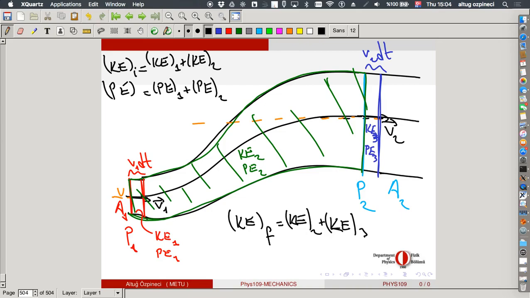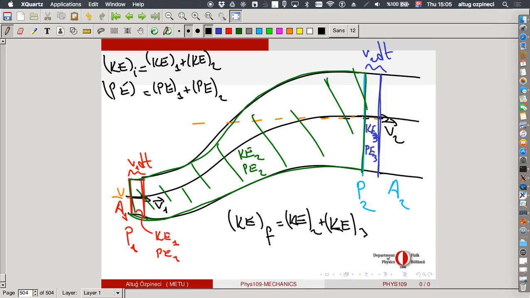Here I'm using the fact that the flow is steady, which basically means that if you don't go with the flow, if you just stay and look at a fixed volume, the liquid in that volume will change as the liquid is flowing, but the velocities will not change, so the total kinetic energy in that volume will not change.